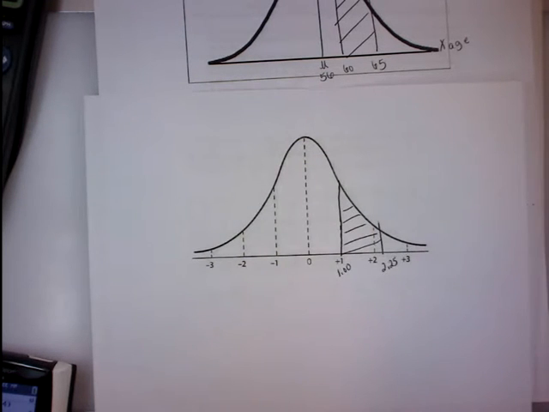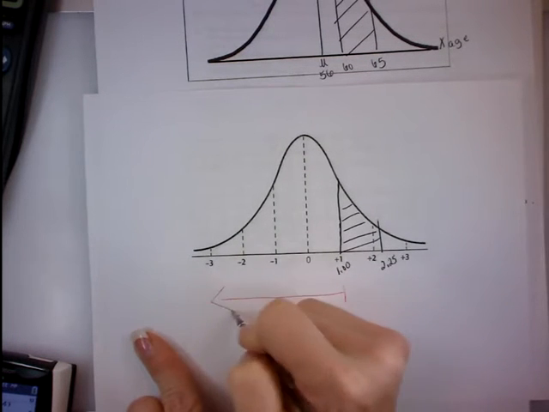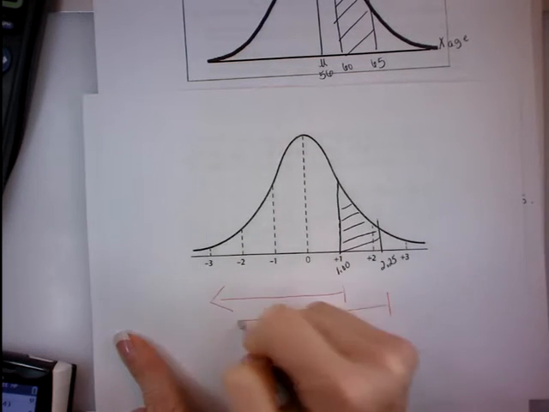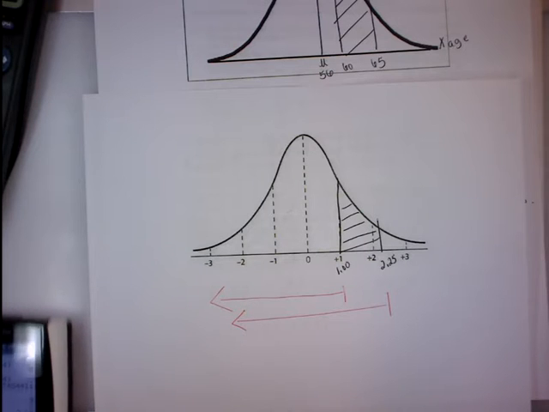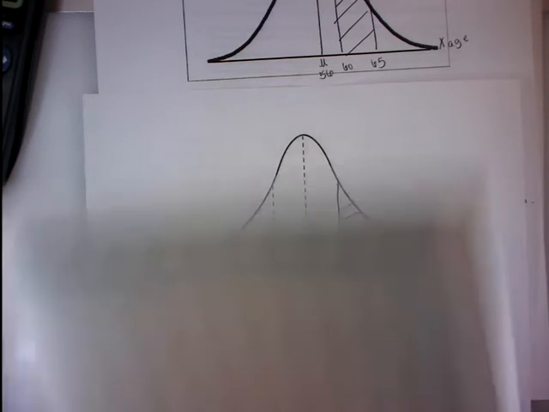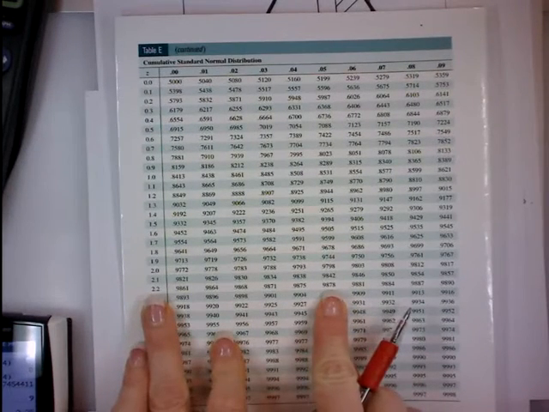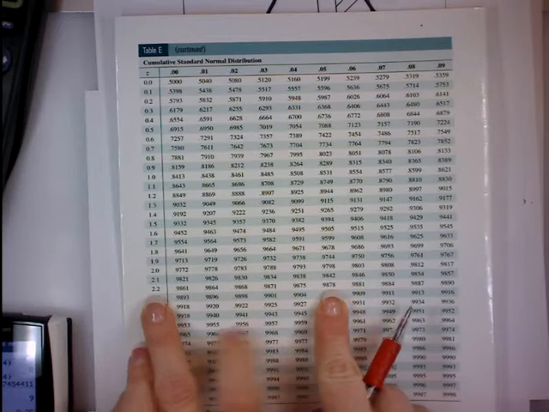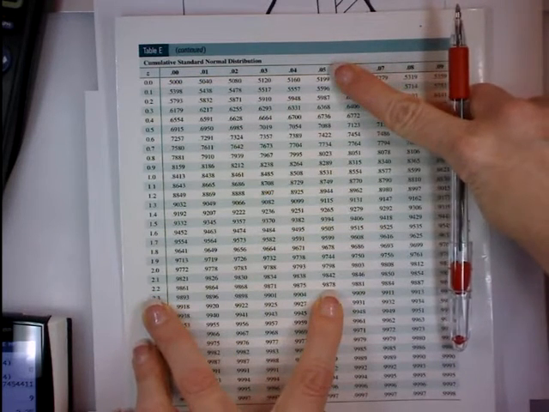Again, what we will do is find the area below z equals 1 and the area below z equals 2.25. Since the z-scores are on the same side of the mean, we'll just say the larger area minus the smaller area. So let's look up a z-score of 2.25 first. And that's going to be 0.9878.